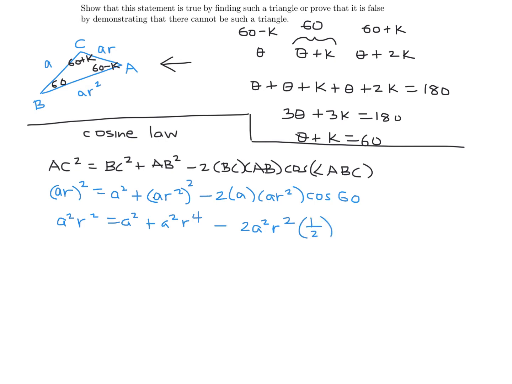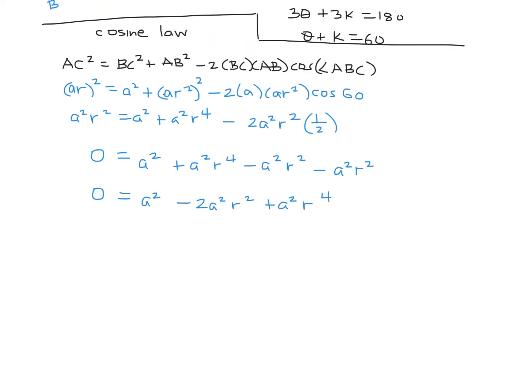Let's put everything on one side, and we get A squared plus A squared R to the 4th minus A squared R squared minus A squared R squared. That means this is A squared minus 2A squared R squared plus A squared R to the 4th. Interesting.